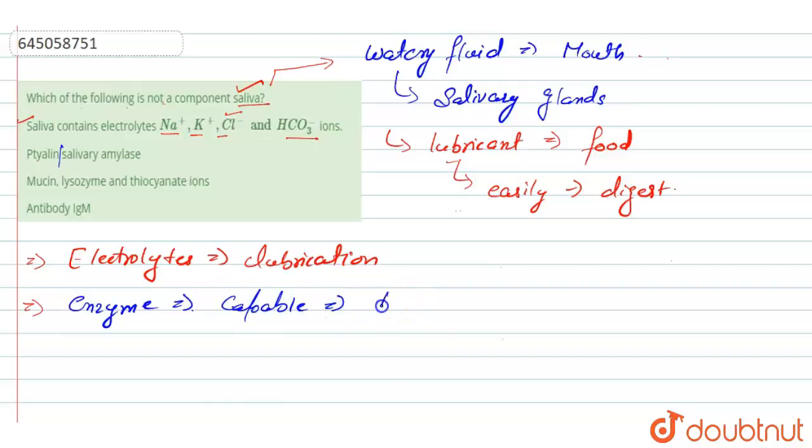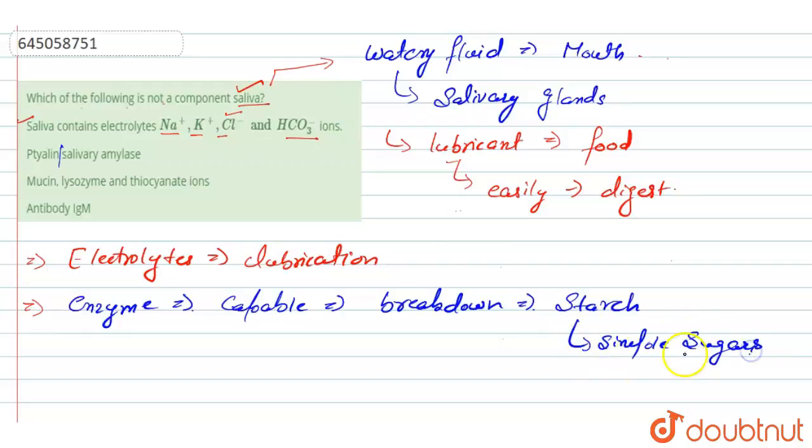Here these enzymes are capable of breaking down food molecules. They can break down starch into simple sugars, for example maltose and dextrin.